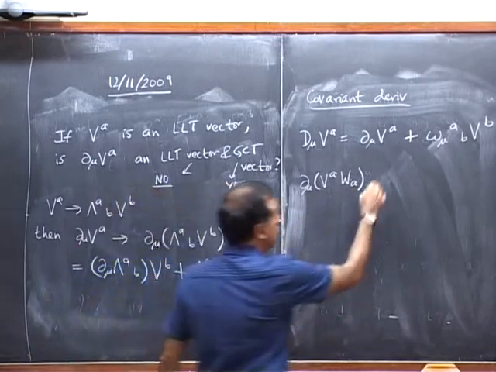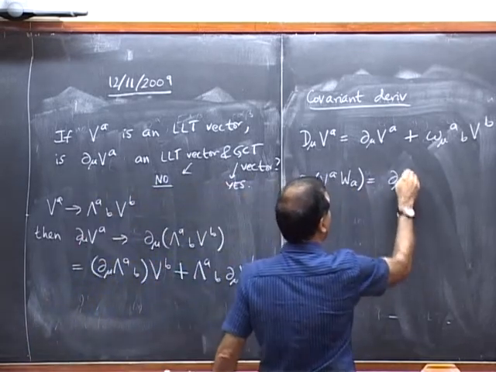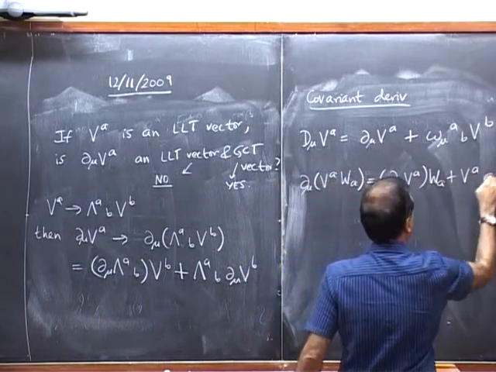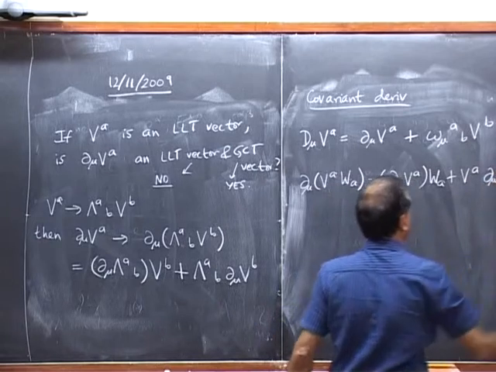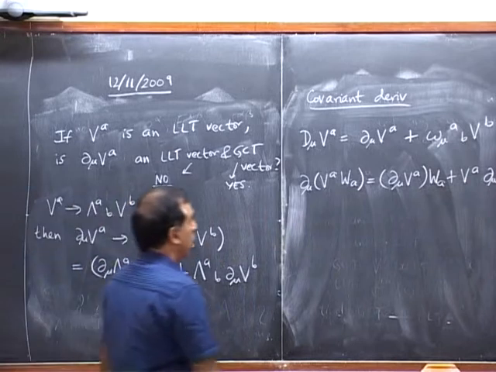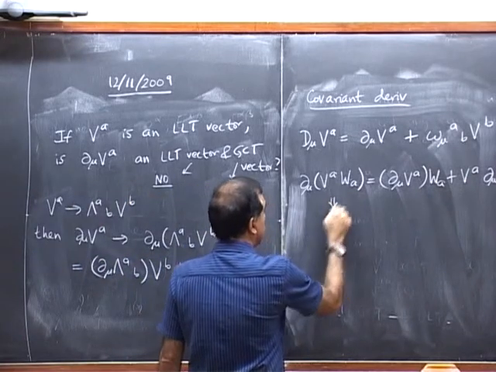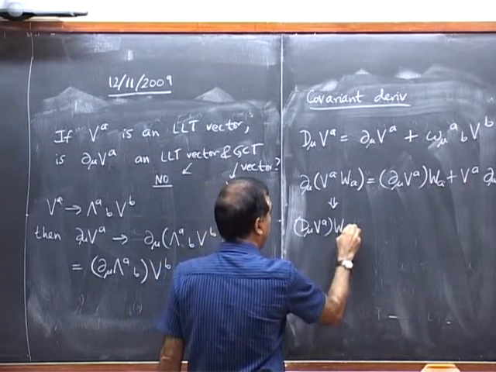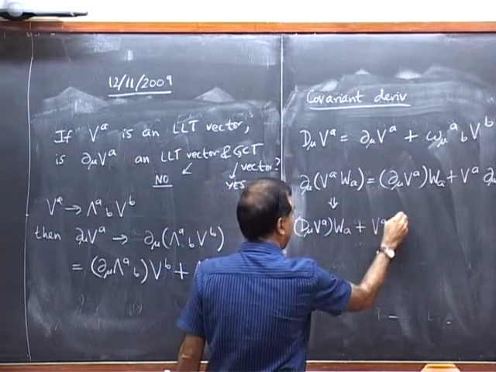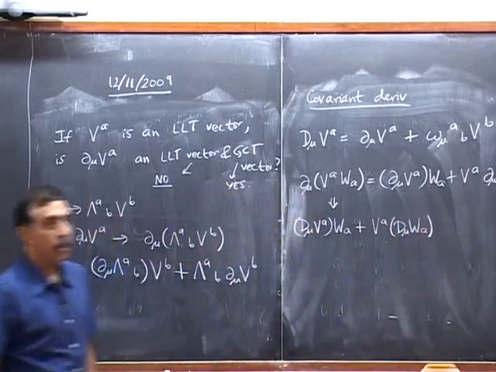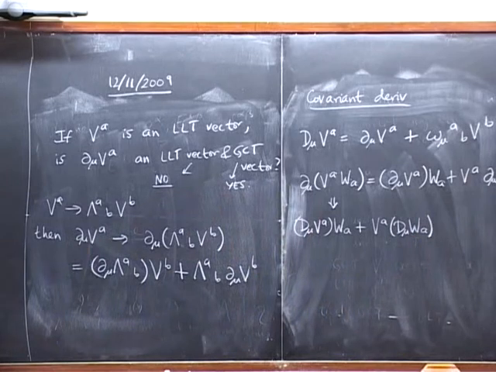So d mu of it should be d mu V^A times W_A plus V^A d mu W_A. Now we also want this to distribute as capital D mu of V^A into W_A plus V^A capital D mu of W_A. This is exactly how things worked when we were doing general coordinate transformations.